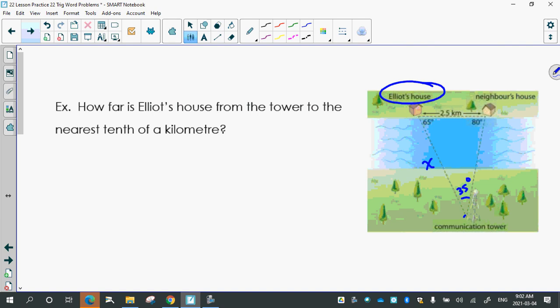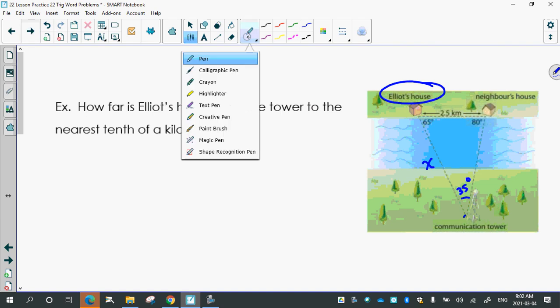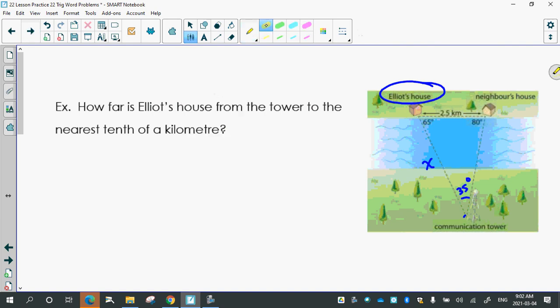So now I have to decide how I'm going to go about finding x. So is it right angle? No. Is there a side angle pair? Yes. So I'm going to highlight that, side angle pair. So I know these, and I want to know x.